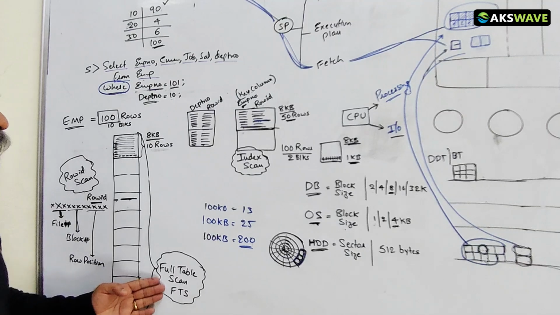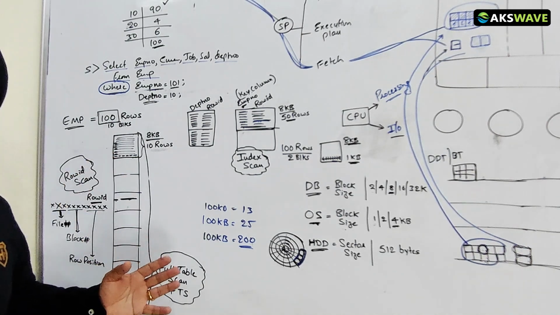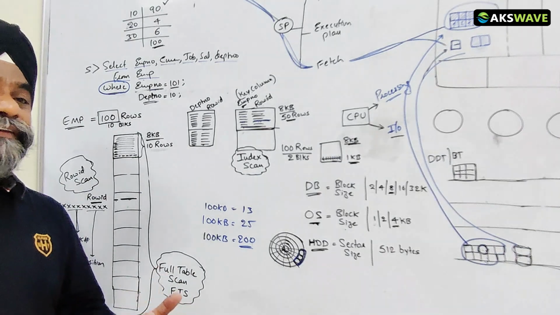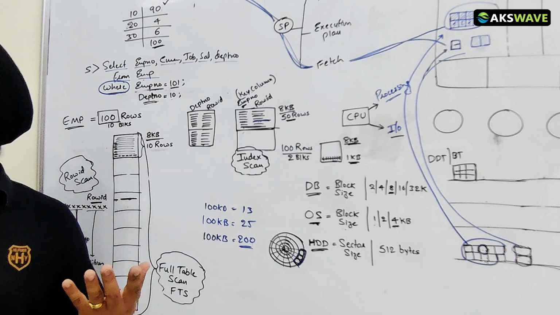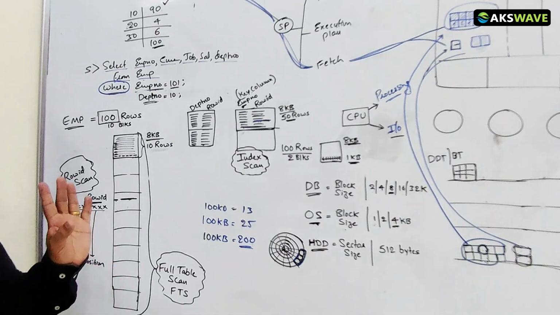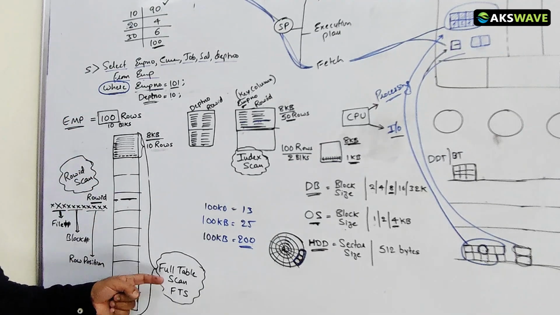If I go with a full table scan, how many IOs and scans? What happened, guys? Please. 10 IOs. Full table scan, 10 IOs and 10 scans.